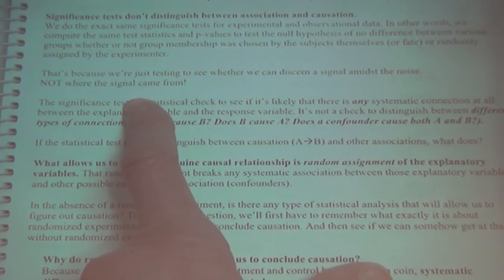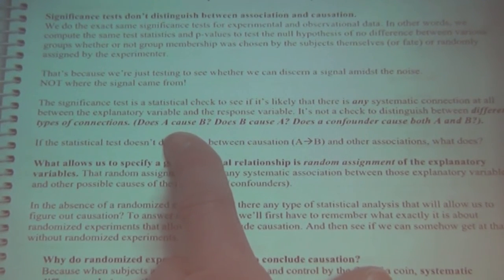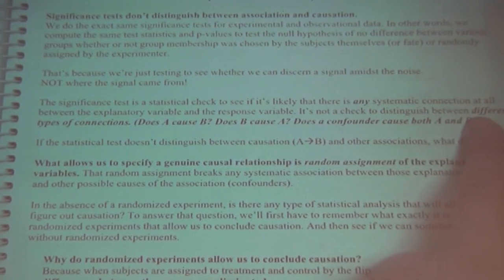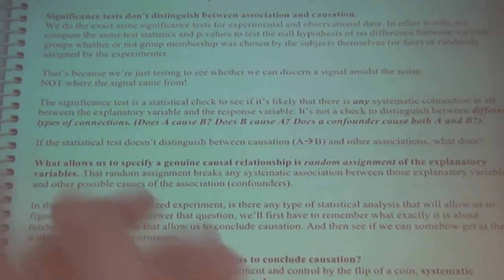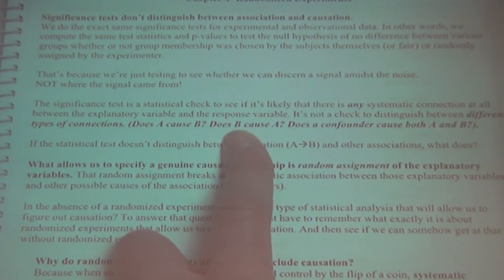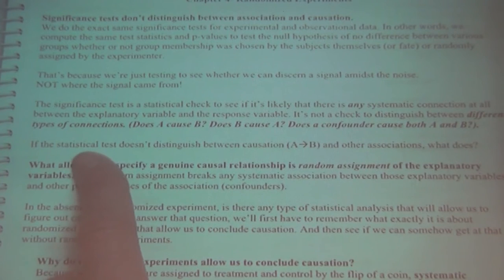Is there some significant difference between the two groups? But not where that came from or why. So it's a statistical check to see if it's likely that there's any systematic connection at all between the explanatory variable and the response variable. It's not a check to distinguish between different types of connections.